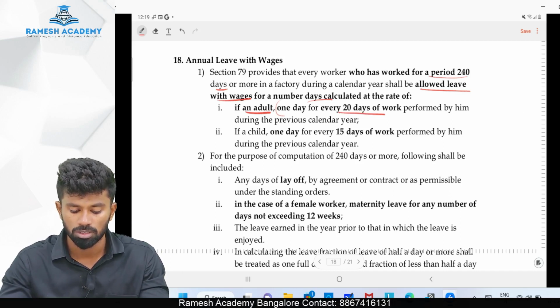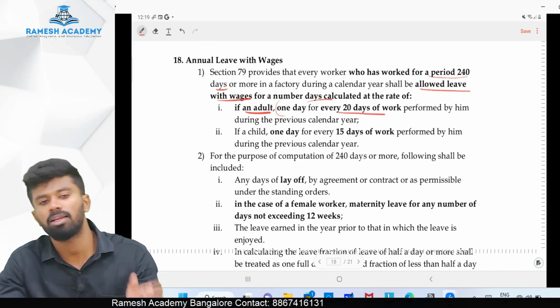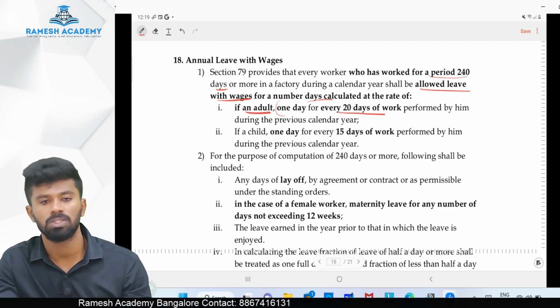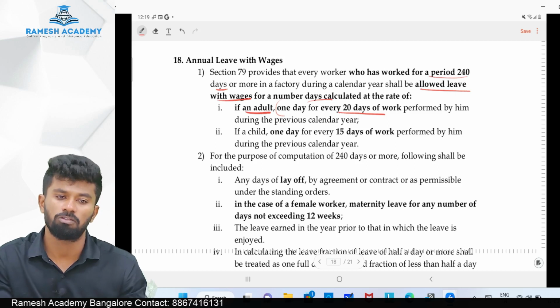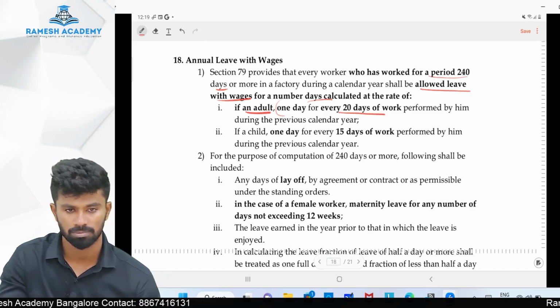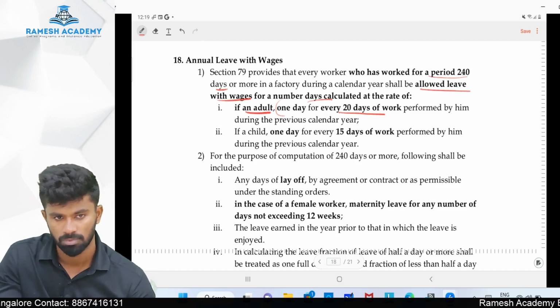If he has worked for a minimum of how many days? 240 days. Then he is eligible for leave with wages: 1 day for every 20 days of work performed by him during the calendar year. If he is a child, 1 day for every 15 days of work.